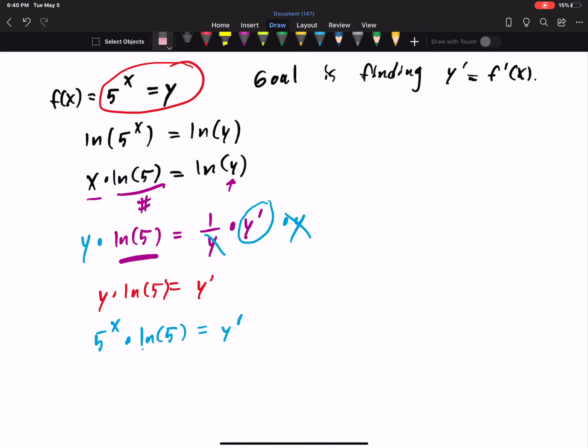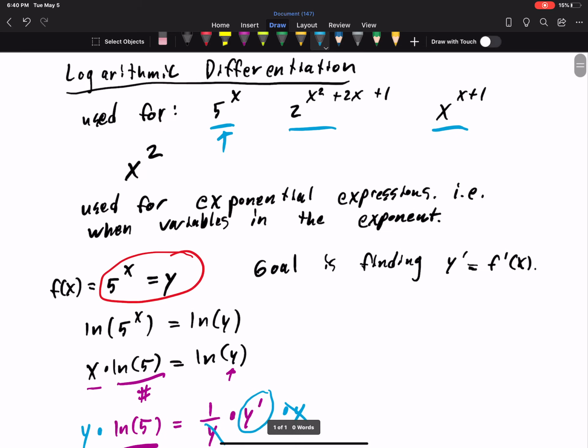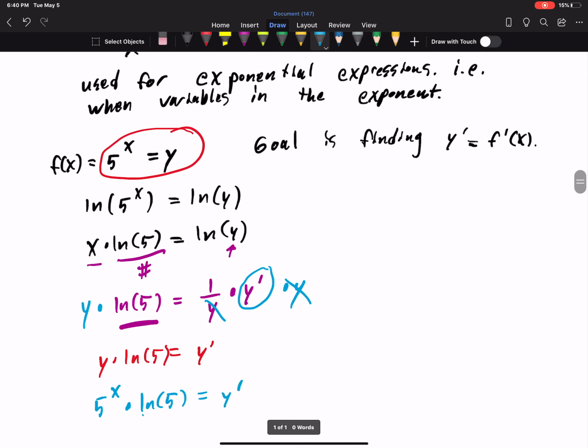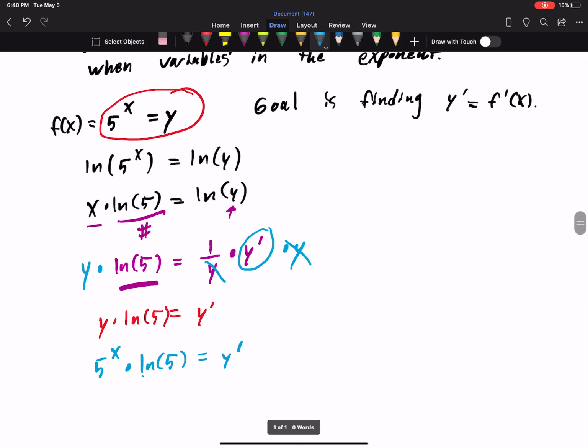It turns out this method is used no matter what your exponential expression is. It's going to be the same exact process. So let's illustrate exactly what we did here. What were the steps? So let me use green. Steps. The first thing that we did was the red circled thing you see on the left. We set the function equal to y.